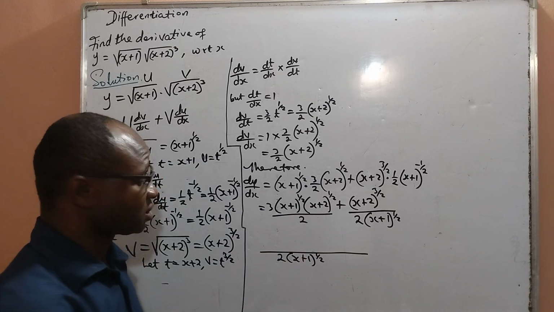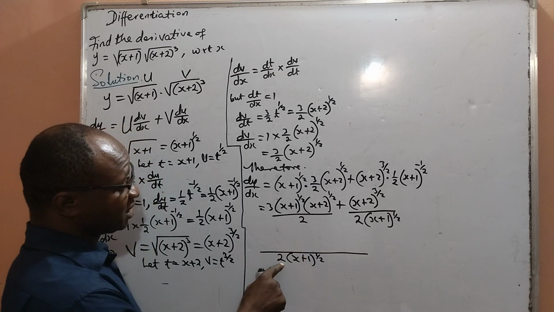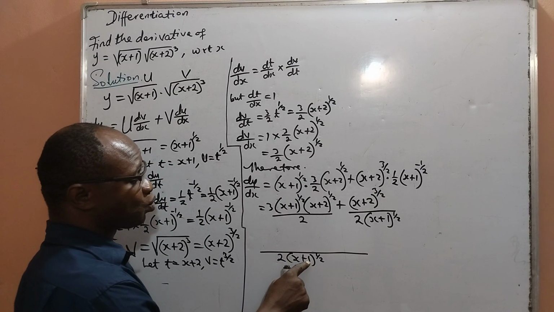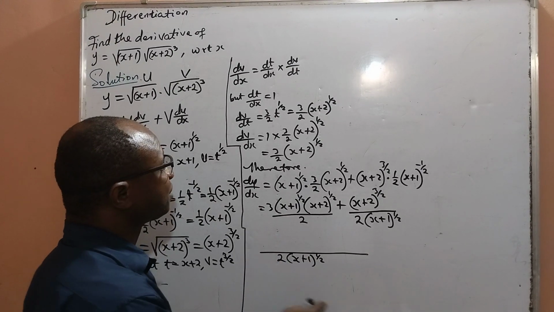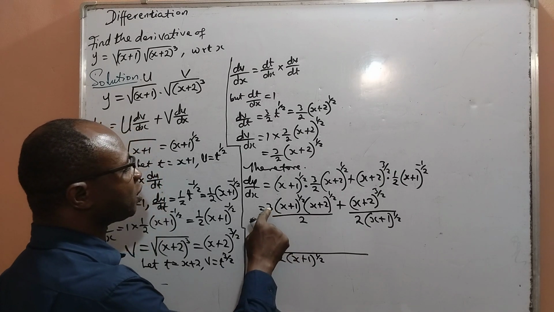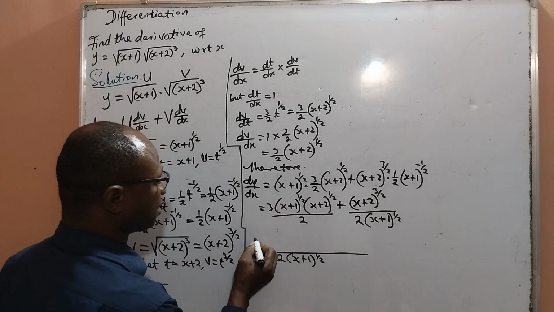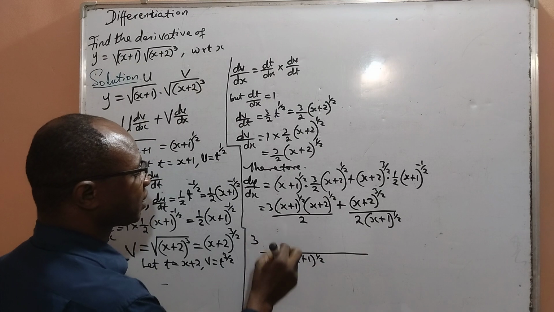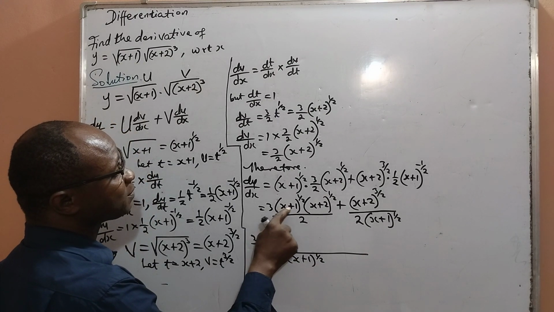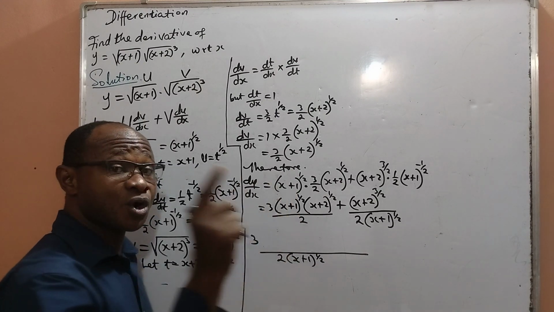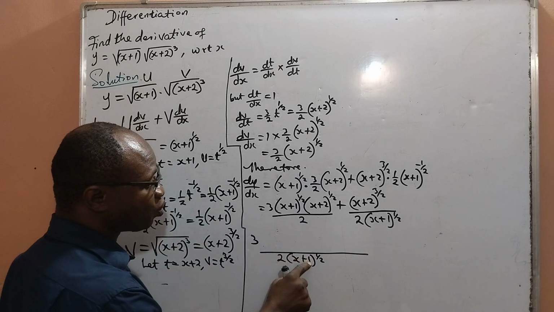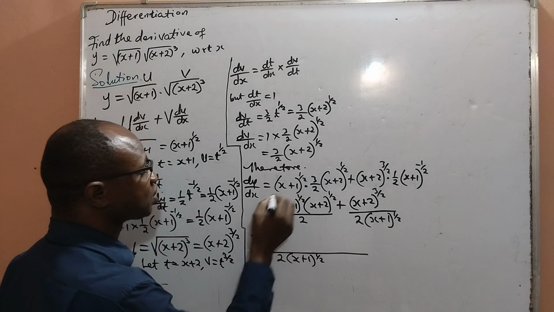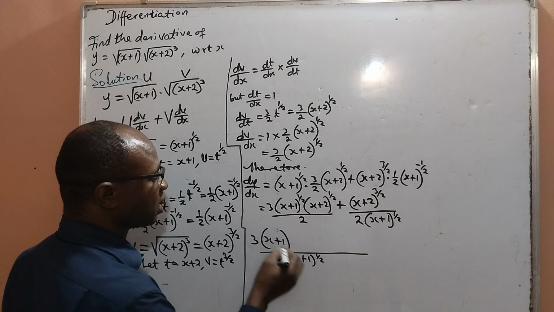Now, 2 dividing the LCM will give me (x plus 1) to the power of half. And using (x plus 1) to the power of half to multiply everything I have here will give me 3. Then here I have (x plus 1) to the power of half multiplying (x plus 1) to the power of half, and that is going to give me x plus 1.